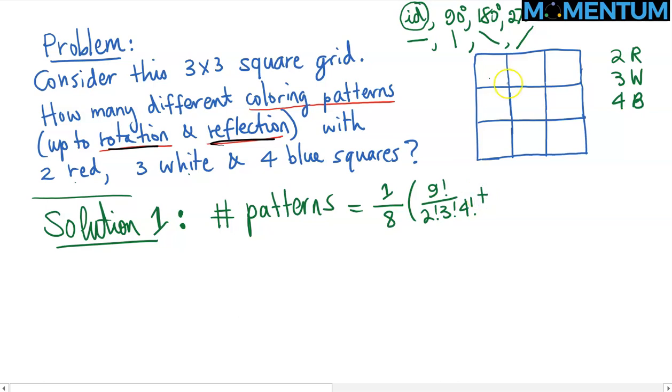Now, how many of the colorings will remain unchanged if I apply a 90-degree clockwise rotation? After the rotation, this square goes here, that square goes there, this one goes here, and that one goes back there. So those 4 squares better be the same color.